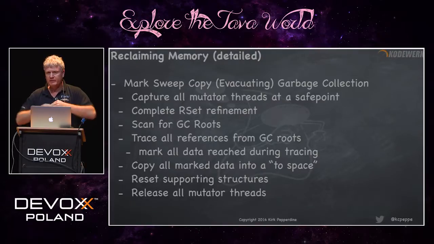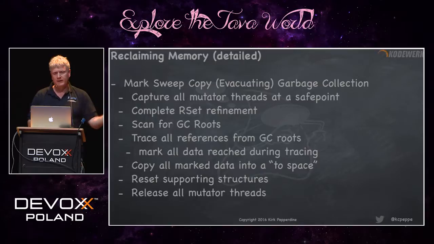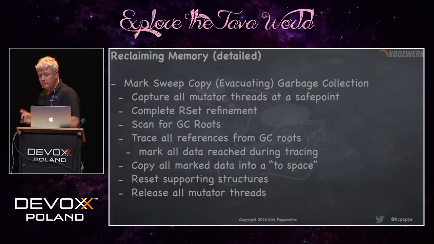So instead of having to scan all of heap to find all of the pointers, I'm just going to go to the remembered set and grab that set of pointers, and that's the start of my GC roots. Then I'll have to scan the other places, the stack frames and things like that, to find the rest of them. So that'll be my starting point.